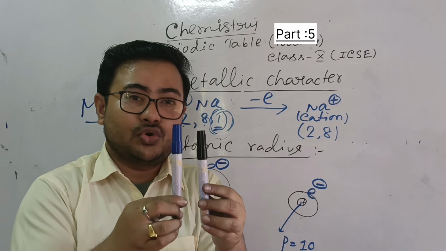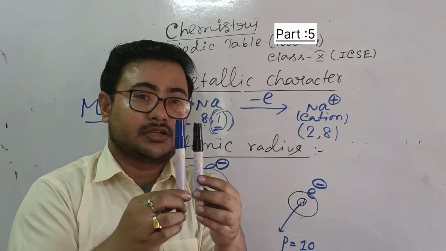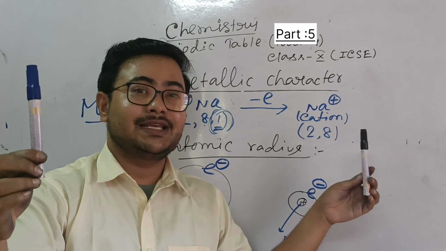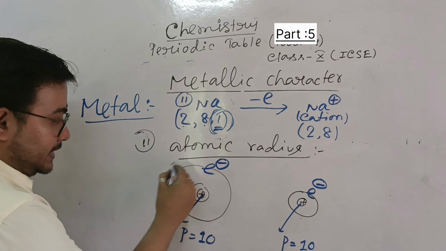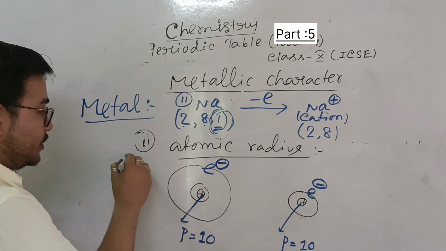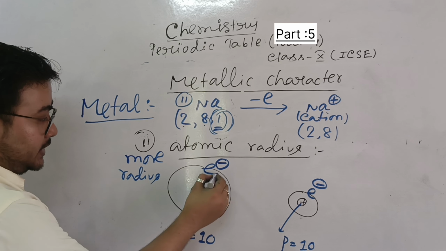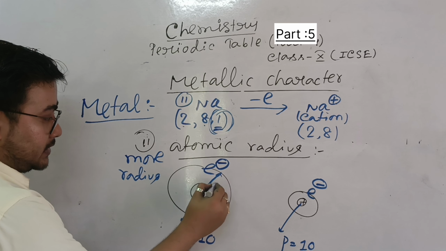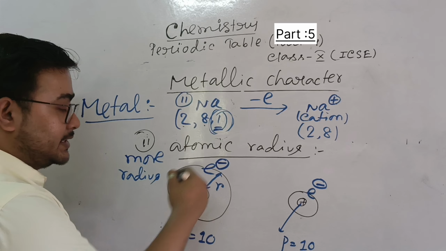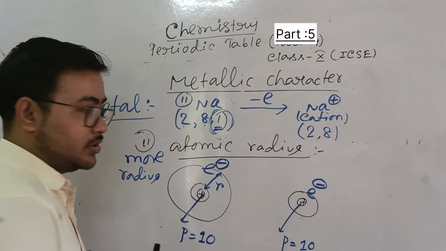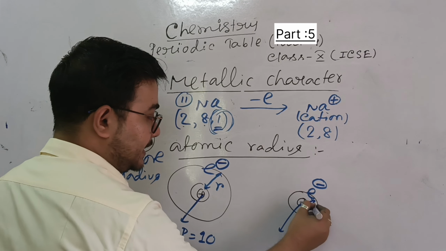If they are close, then more attraction. See, its radius is more. So see here the distance, that is the radius, is comparatively more, but here the distance is less.